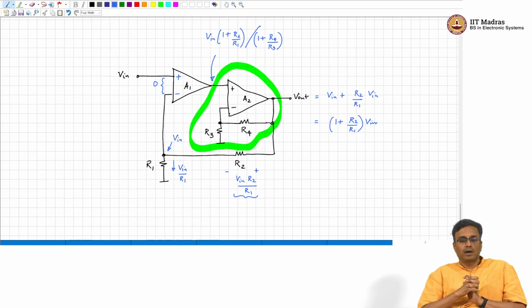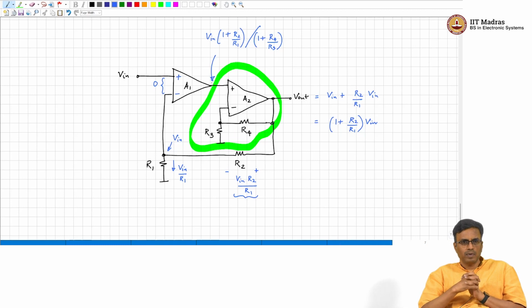People forget the conditions that need to be valid for us to apply the concept of virtual short at the input of the op amp. The key point to remember is that it can only be applied when there is negative feedback around the op amp.